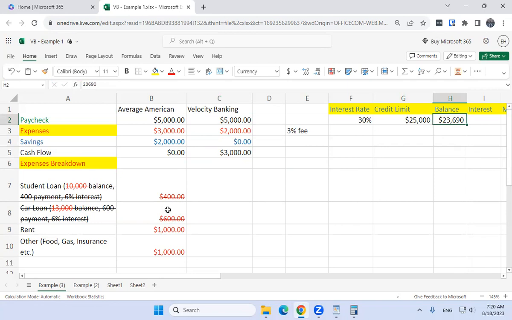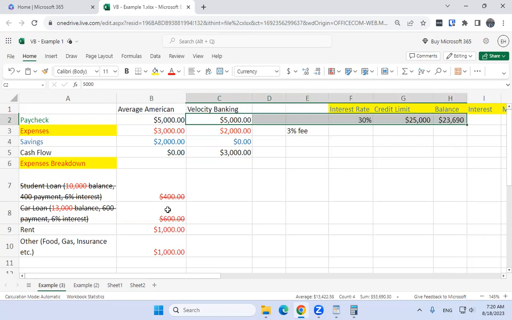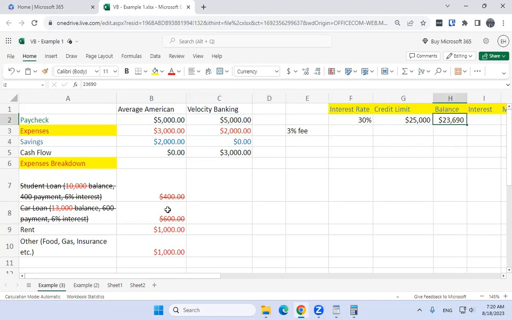And if you're not familiar with how velocity banking works, basically we're going to put our entire paycheck to this balance on the credit card, take out our expenses as needed, and then use our cash flow to bring the balance down to zero eventually, right? So all we have to do is subtract 3,000 from the previous balance.